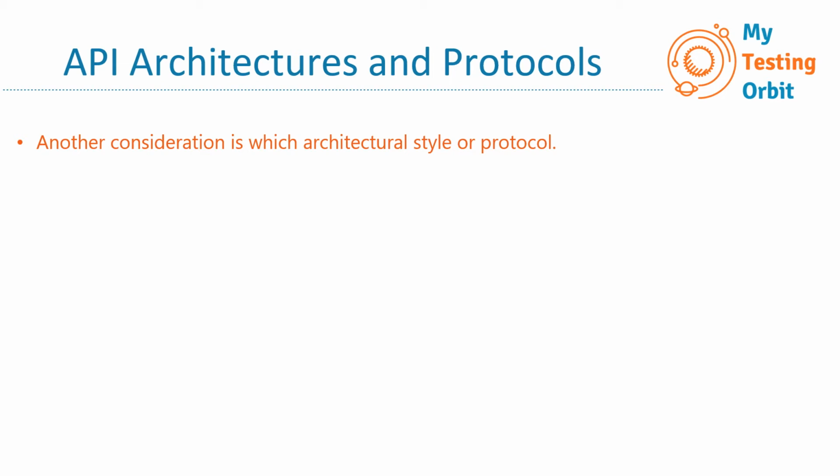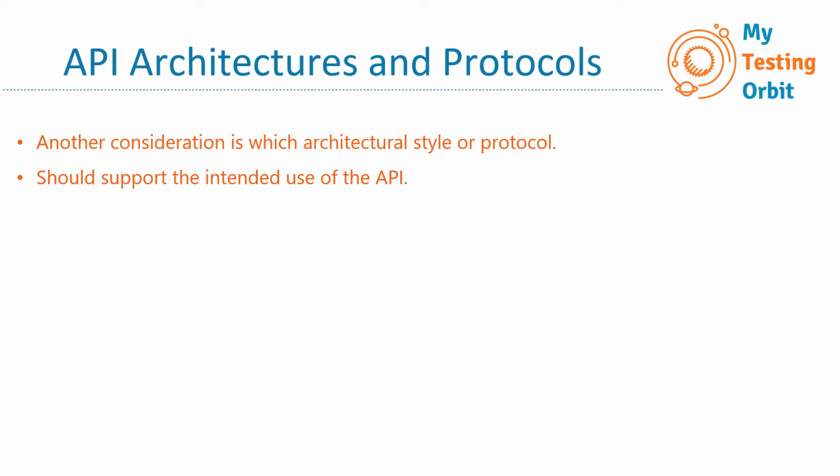For example, it specifies accepted data types and commands, while different API architectures specify different protocol constraints. Whichever architecture or protocol you are using, it's very important to select a style which is supporting the intended use of the API.